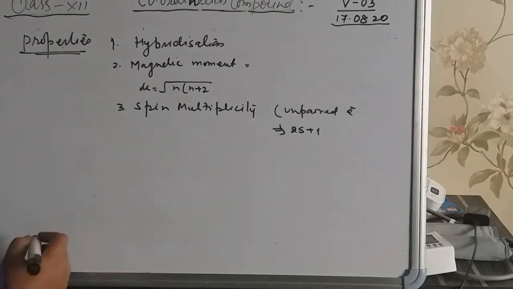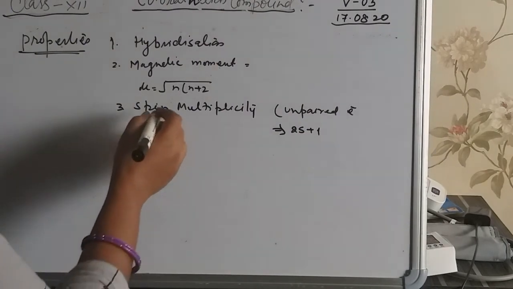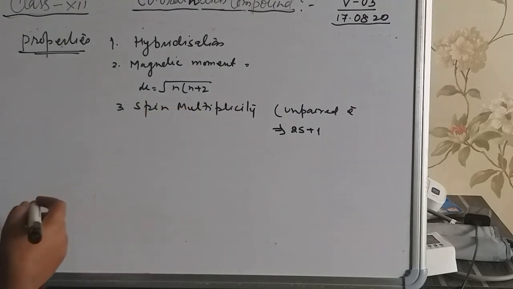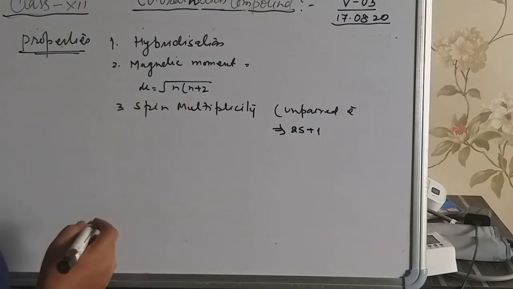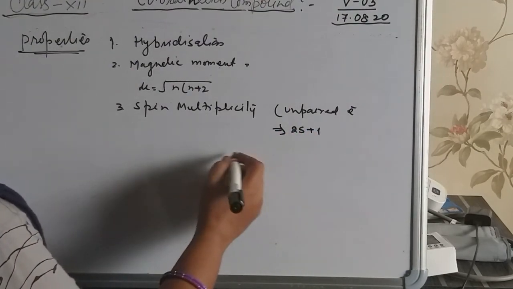On this basis, we can find out the presence of unpaired electrons and the spin multiplicity of the particular complex. If one unpaired electron, then the value of S is half.